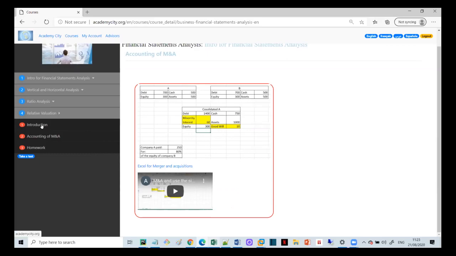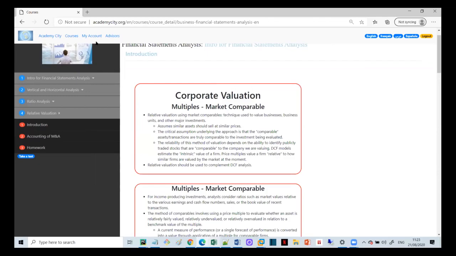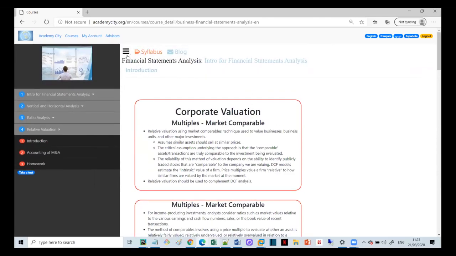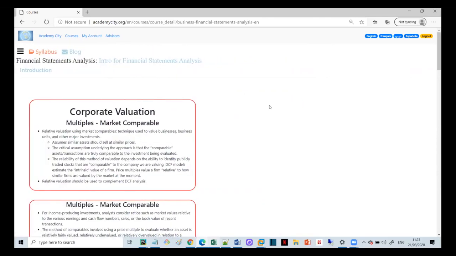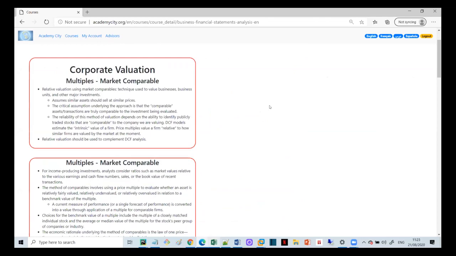Let's go back. What is relative valuation? The idea of relative valuation is that when I want to value one type of asset, I can look at comparable assets. For example, if I want to buy a house in a specific location, and that house has, let's say, 4 bedrooms, 2 baths, a certain size of land, and then I want to make a bid.